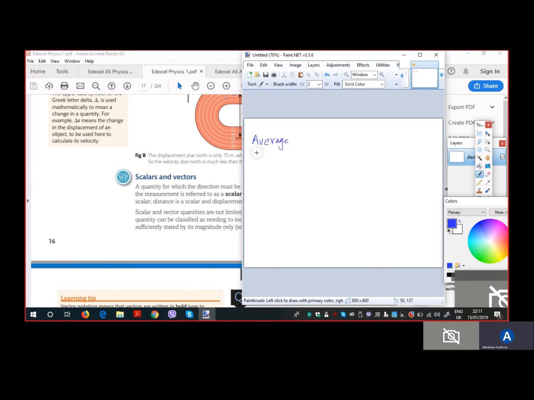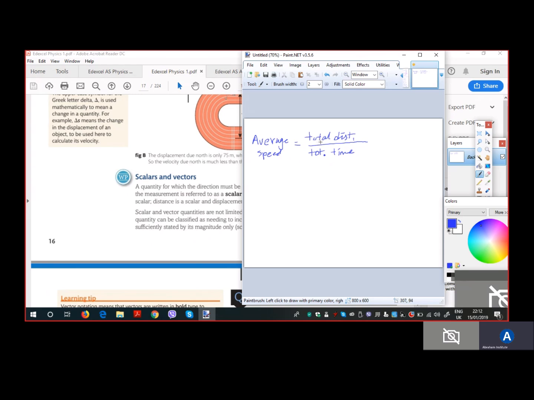So average speed is equal to total distance divided by total time. Here it doesn't matter whether there was a constant acceleration or whether the person stopped for a certain time or whether the speed changed.